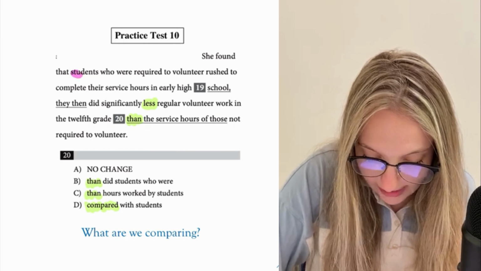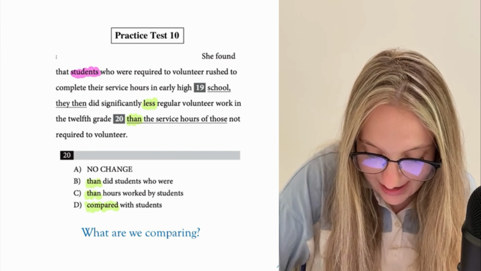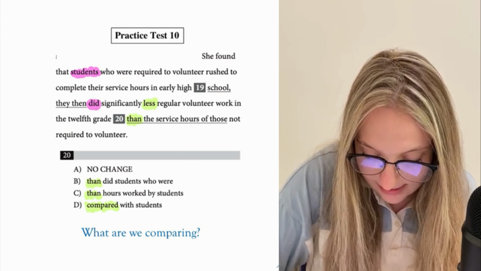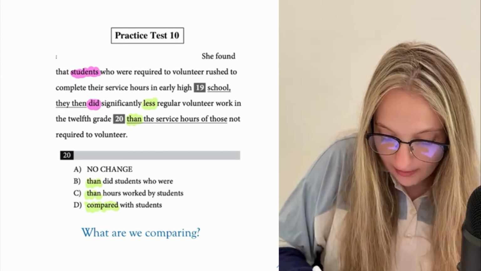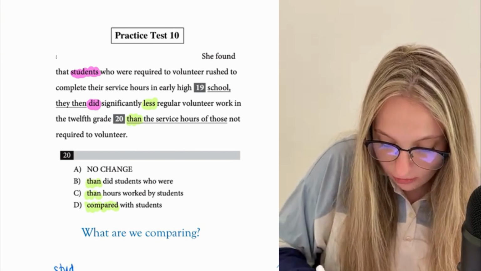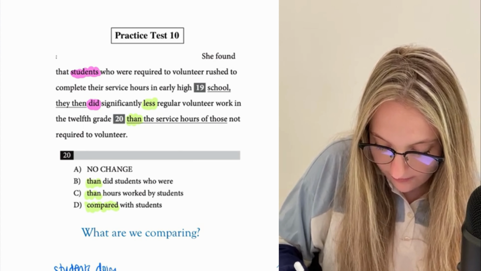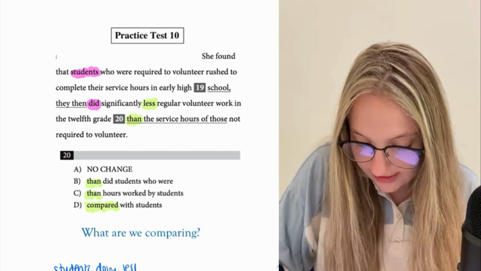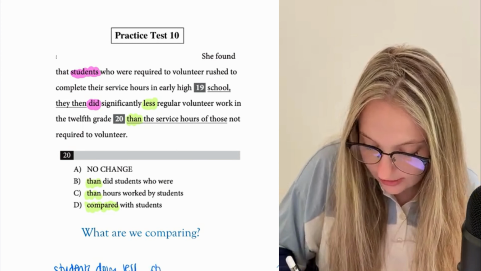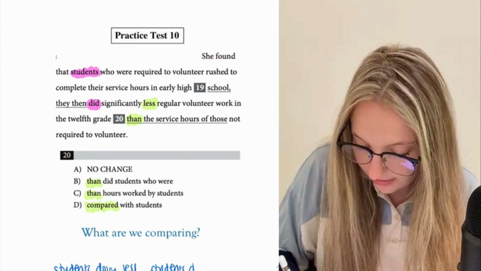The students who were required to volunteer rushed their hours and they did significantly less volunteer work in 12th grade. So basically, we're comparing the students doing less work to, obviously in the next part, the students doing more work, the ones who were not required to volunteer.